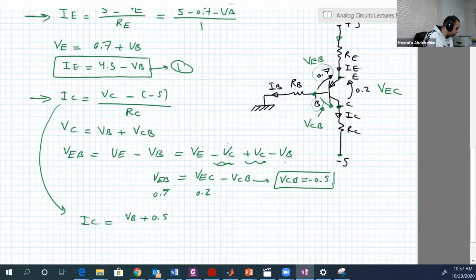Minus or plus VCB. VEC is 0.2. VEB is 0.7.